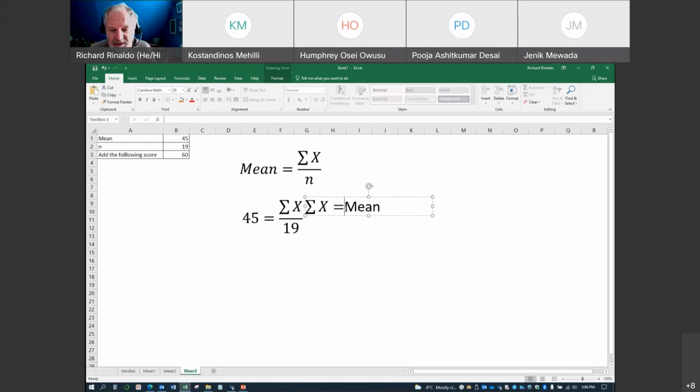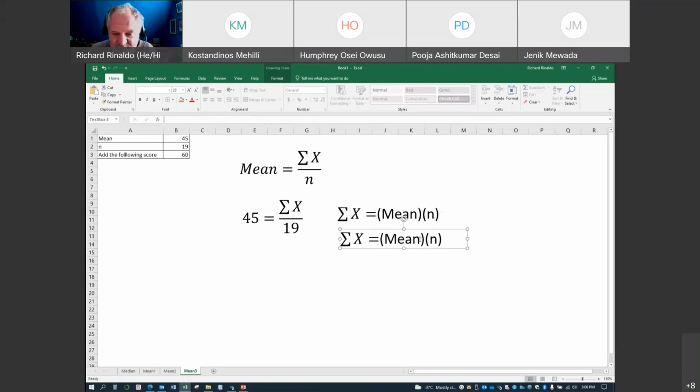The sum of x is equal to the mean multiplied by n, which in this case is 45 times 19, which is equal to, is it equal to 855?